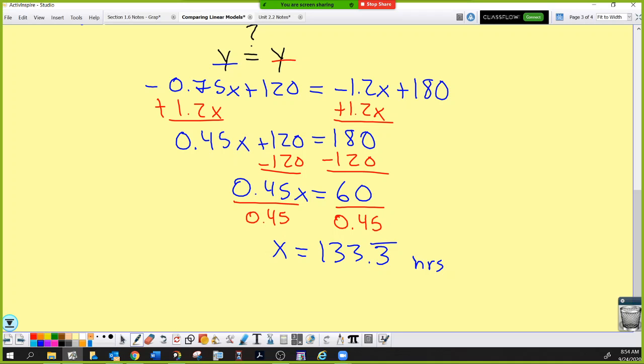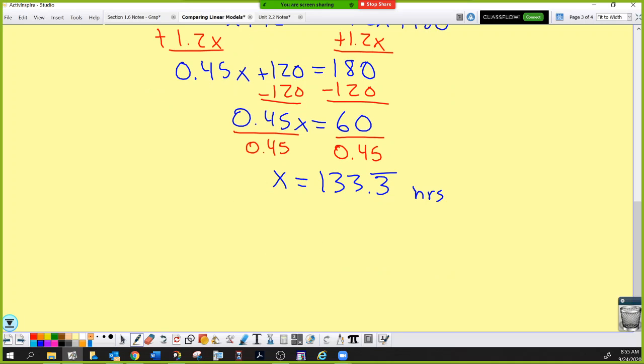So it would take 133 hours and 20 minutes if I wanted to be exact, because a third of an hour is 20 minutes. 133 hours and 20 minutes. That is how long until they're exactly the same amount of water.